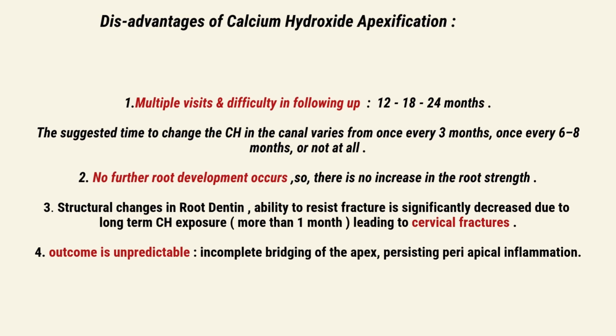As the calcium hydroxide apexification process is very lengthy, the root dentin is continuously exposed to the calcium hydroxide, and this long term exposure causes reduction in the fracture resistance of the root dentin, causing cervical fractures. And another most important drawback of the apexification process is that it does not induce the root length development or root width development.